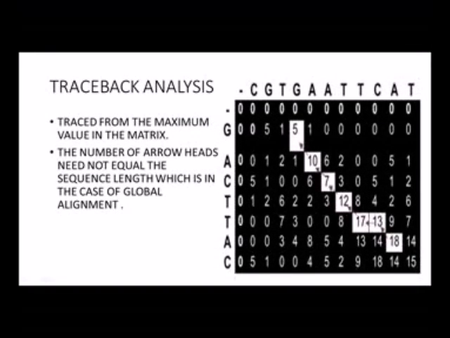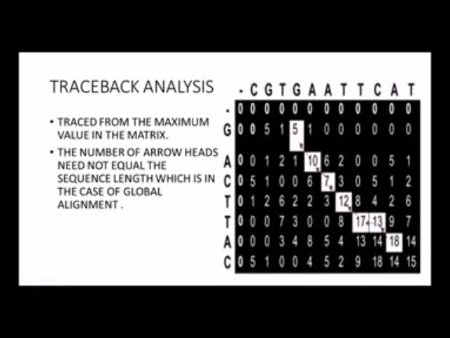Then comes the traceback analysis. An important difference between global and local alignment is that traceback analysis of global alignment involves tracing back from the last value, and in local alignment the tracing back is done from the maximum value, and the number of arrowheads need not equal the sequence length.